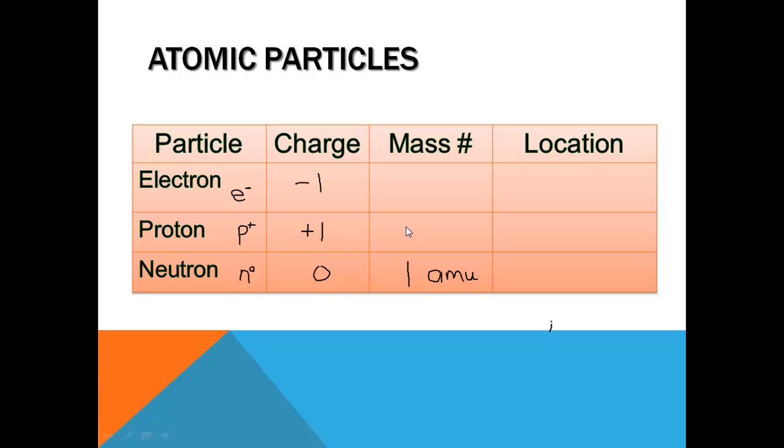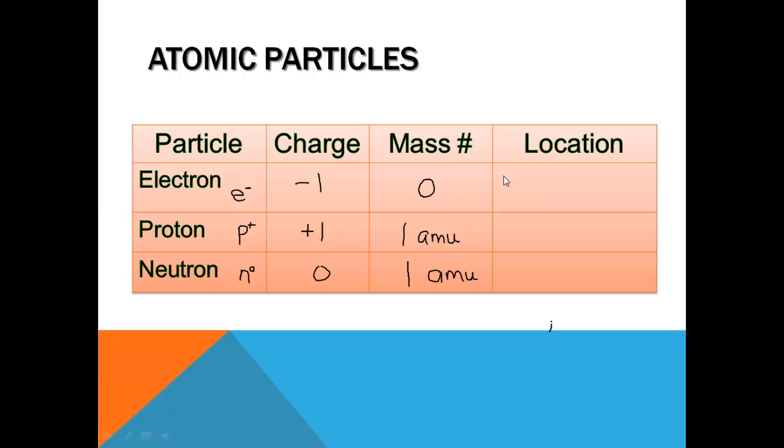The proton has the same relative mass, 1 AMU. And then the electron, because it's so teensy tiny, we know that it has an actual mass, but we assign it a 0 relative mass because compared to the proton and compared to the neutron, it's so small that its mass doesn't matter, so to speak.